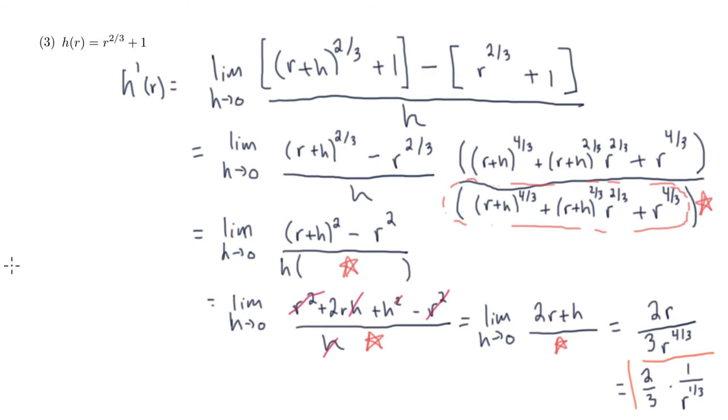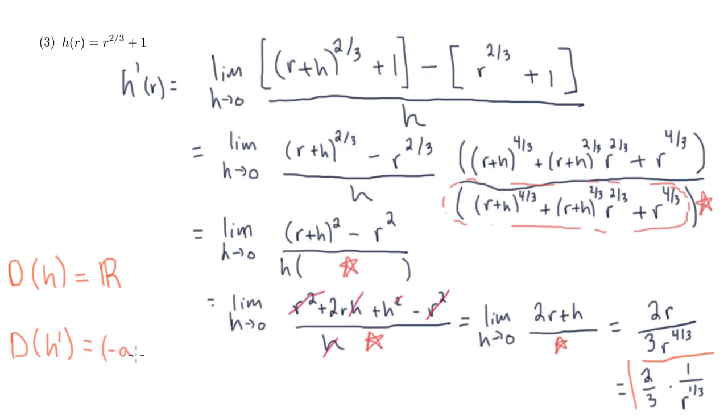So the domain of h is actually all real numbers. I can plug any number I want into h and get a real number output. But the domain of h prime, I lose a point, kind of like in the last example. I lose 0.